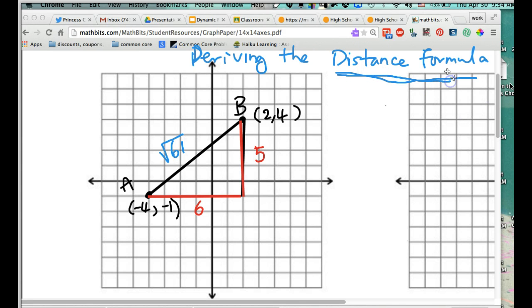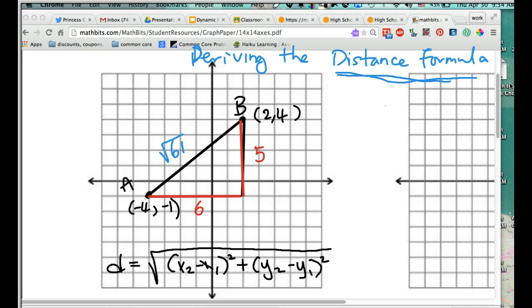Just so you know, let me give you the distance formula so you know what we're trying to get to in the end. D is equal to the square root of x sub 2 minus x sub 1 squared plus y sub 2 minus y sub 1 squared. Okay?